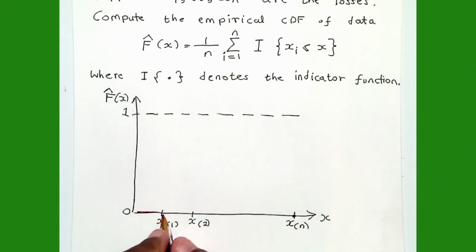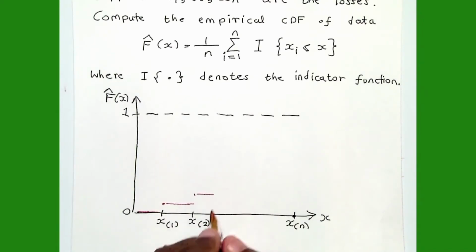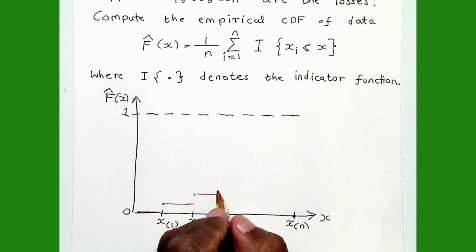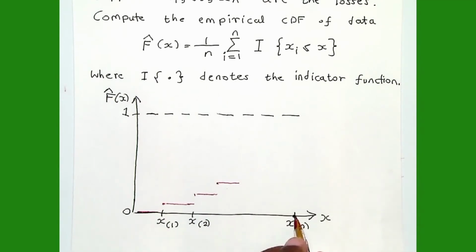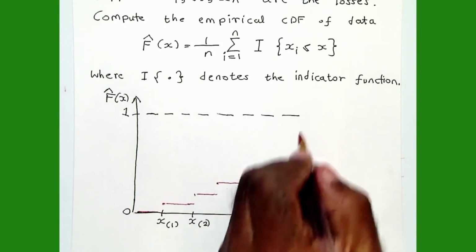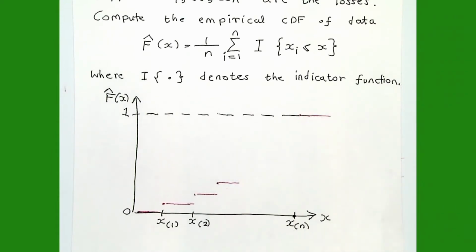At the smallest value, it jumps by a unit, and it stays there until it hits the second smallest. Then it jumps once again by a unit, stays until it hits the third smallest, and then jumps by another unit, and so on, until at the largest data point it becomes exactly equal to 1.